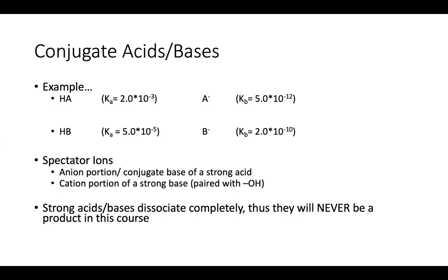Lastly, remember that strong acids and bases dissociate completely. Therefore, on your product side, you should never form a strong acid or a strong base, meaning your conjugate will never be a strong acid or a strong base, because they dissociate completely, which is kind of irreversible.